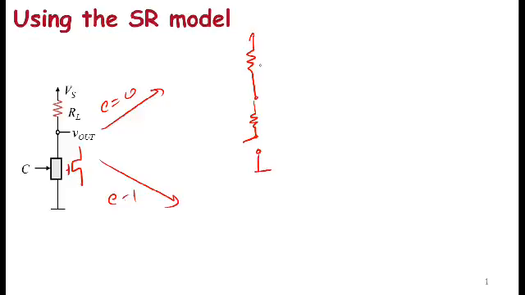This is RL, this is VS, this is my output V out. C equals 0 is applied to the gate, VGS is less than VT, and the MOSFET switch is turned off.